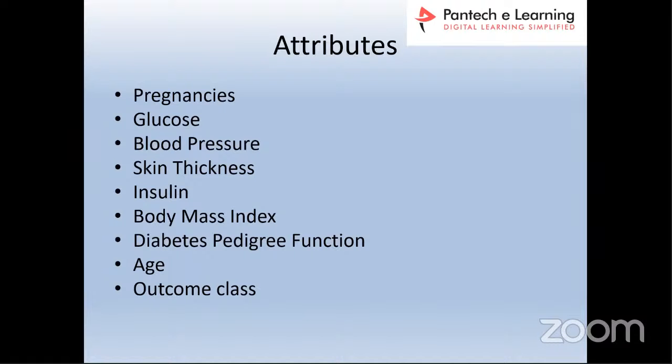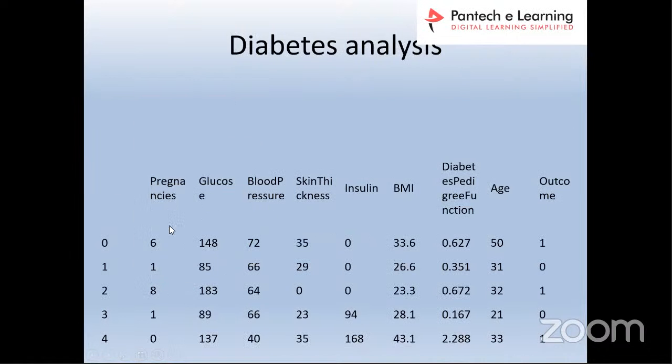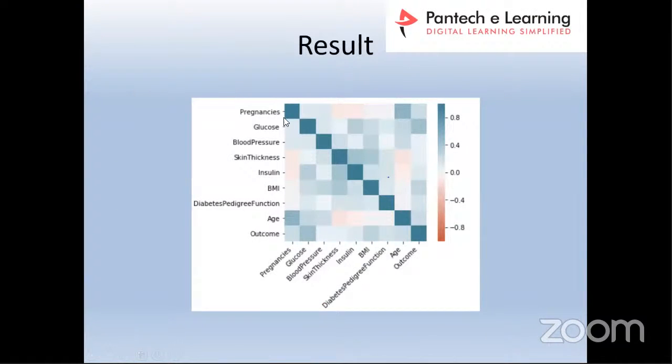And here, what is our output finally? In the supervised learning methodology, we are trying to train that information to the machine. Now if you see, this is the entire result. How many pregnancies are there?